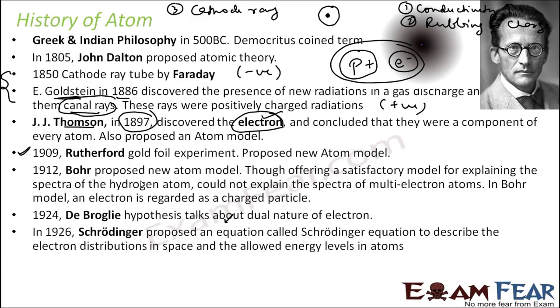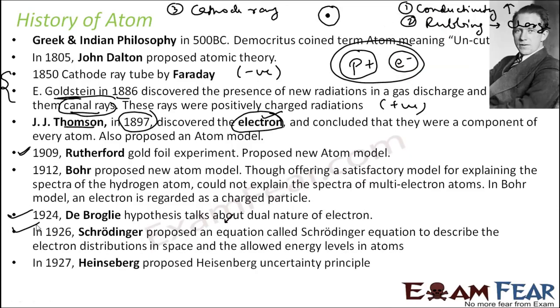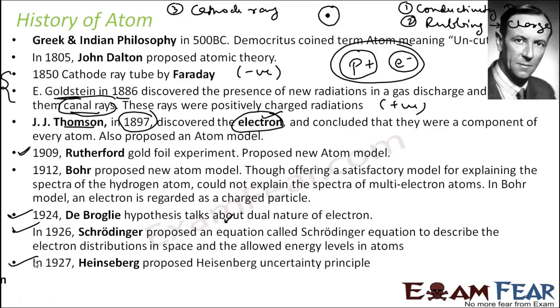We'll not talk about that, but then de Broglie and Schrödinger came up with some equations, and Heisenberg also proposed some uncertainty principle, and with that a quantum model of atom was proposed, and then Chadwick found neutron.